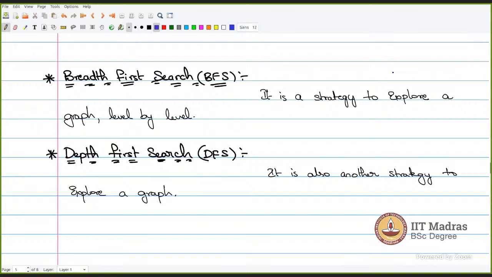So basically, if you want to explore your graph level by level, so that you are able to find the minimum distance from the starting vertex to every other vertex, the shortest paths or shortest distance, then BFS is useful.